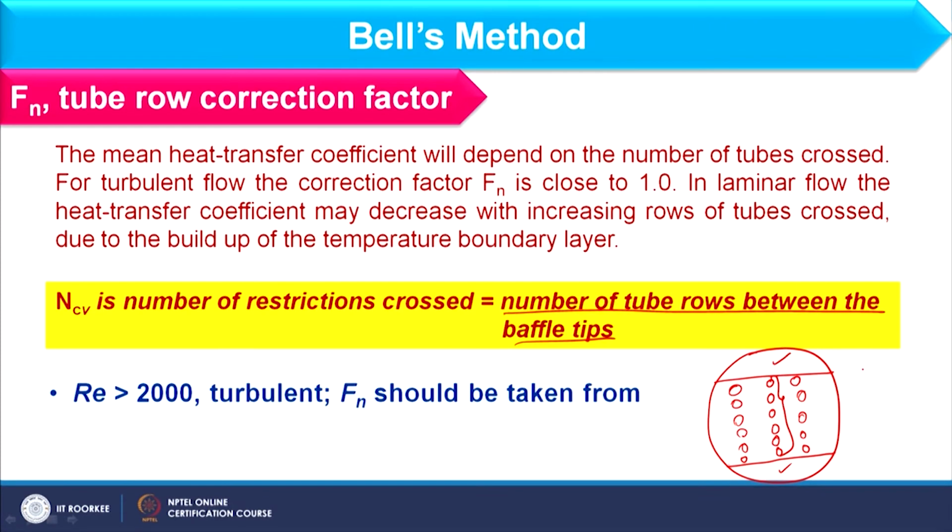Okay. And so the NCV is basically the number of tube rows crossed by fluid when it is available between two baffle tips. So, NCV is number of vertical tube rows. So, NCV is basically number of tube rows between two baffle tips. Okay.